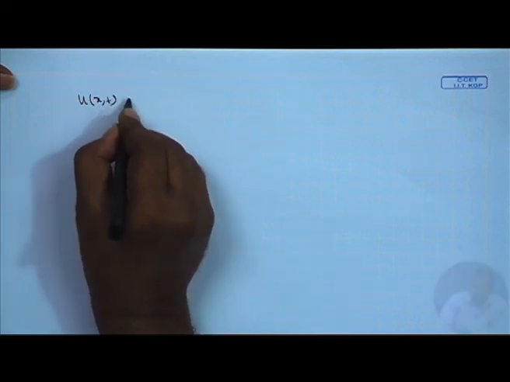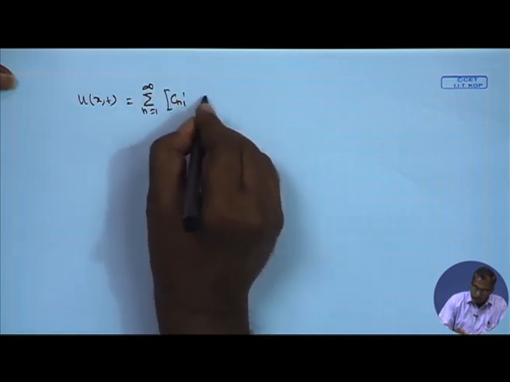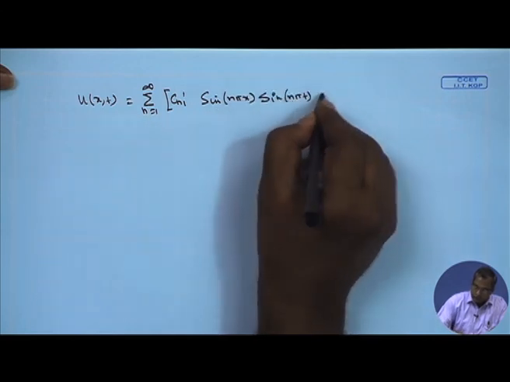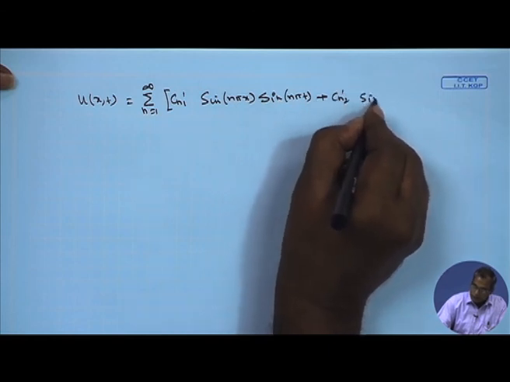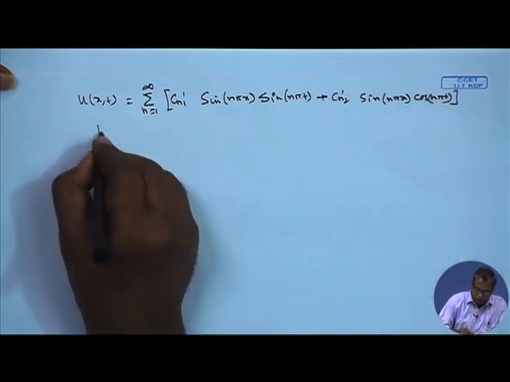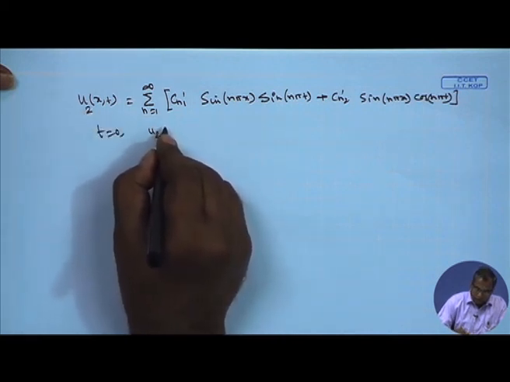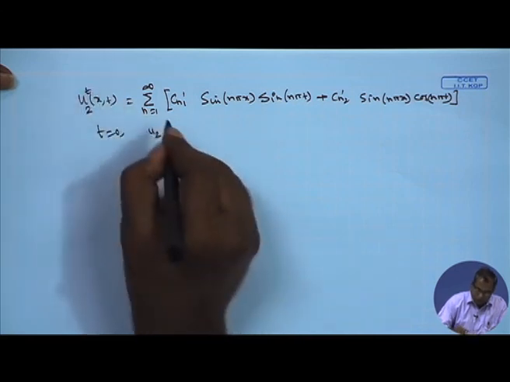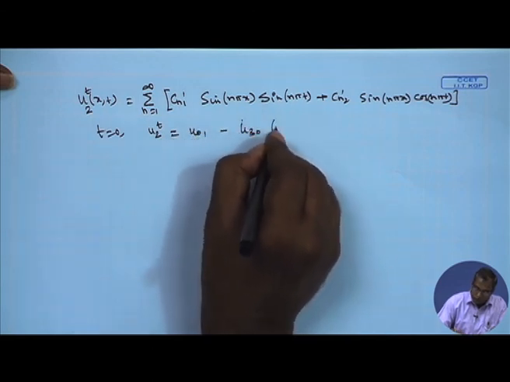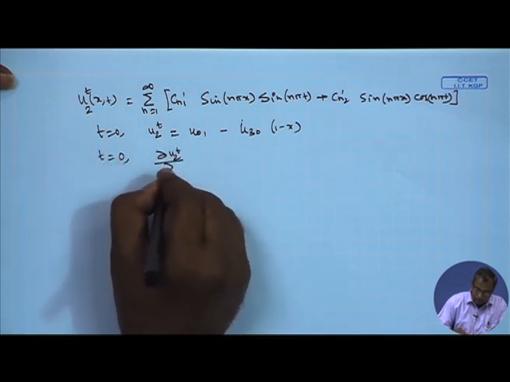U x t will be summation n is equal to 1 to infinity c n 1 prime sin n pi x sin n pi t plus c n 2 prime sin n pi x cosine n pi t, and we have two initial conditions at t is equal to 0: u2t will be equal to u01 minus u3 naught into 1 minus x, and del u2t del t will be equal to 0.